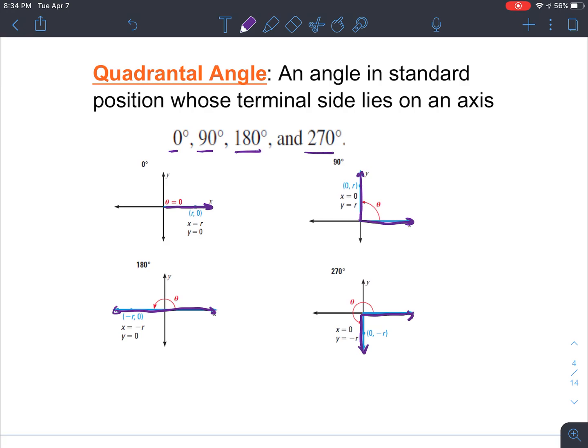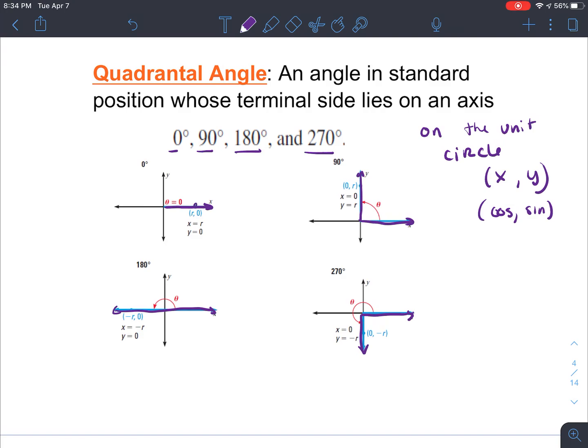So what is so important about this? Well, these ones are going to have easy trig calculations when we are on the unit circle. Okay, so again, when we are on the unit circle, x comma y is really cosine comma sine.